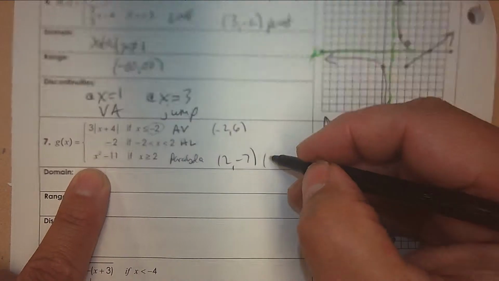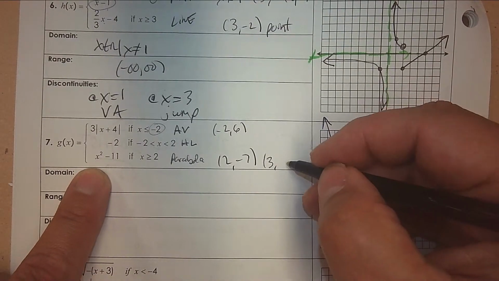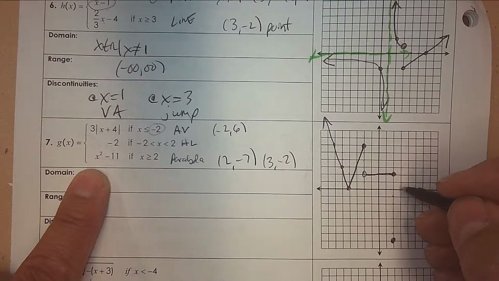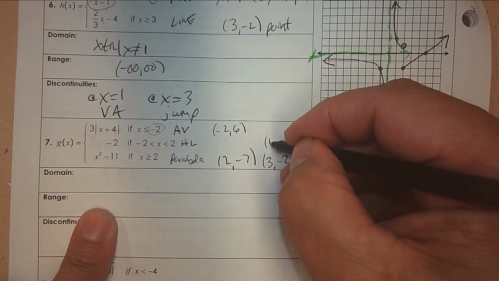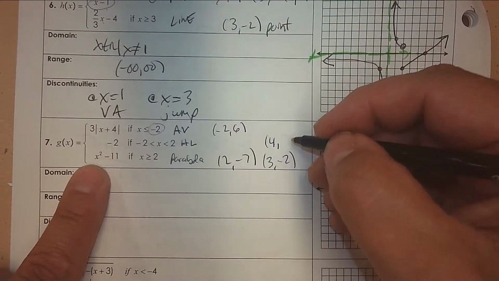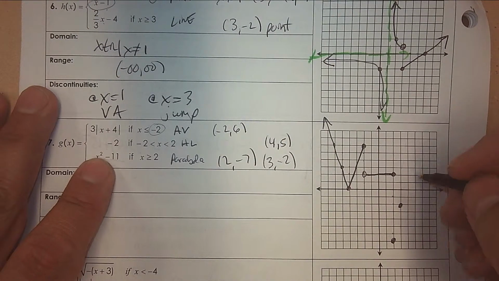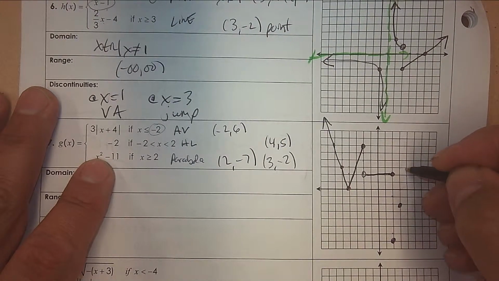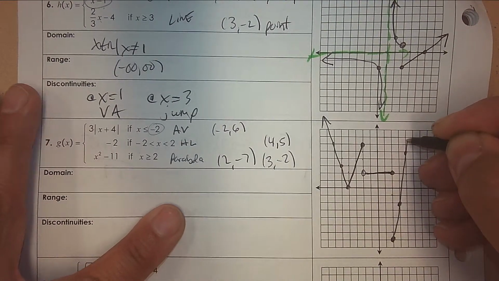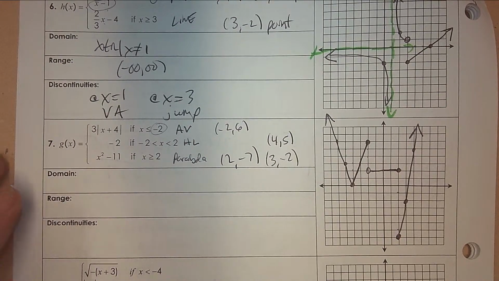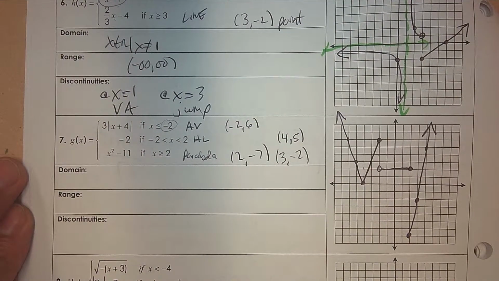At 3, you get negative 2. At 4, you get 5. If they're on your graph, you might as well put them down. And now you get a beautiful picture going up. And you have the whole piecewise together.